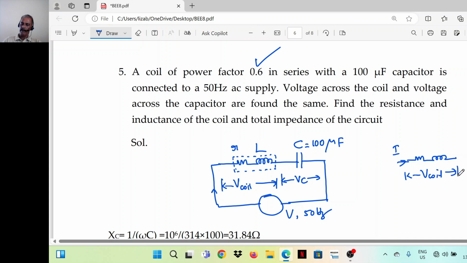If I draw the phasor diagram, this is R, this is XL. So I into R, I into XL. This is I and this is V coil. So this angle is phi.